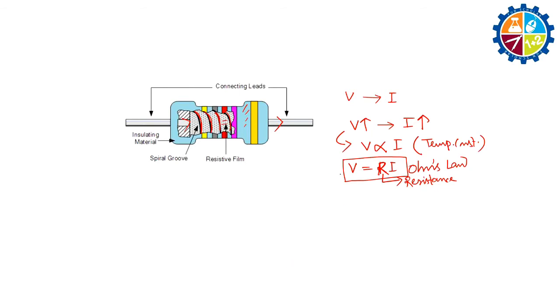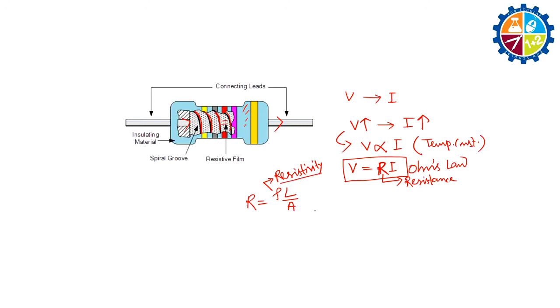If I know any two parameters of this equation, I can obtain the third. The value of resistance R is again defined as rho times L divided by A. What is rho, L, and A? Rho is the resistivity, which is a property of a material.